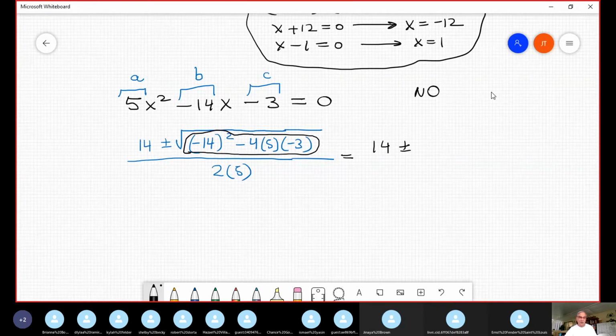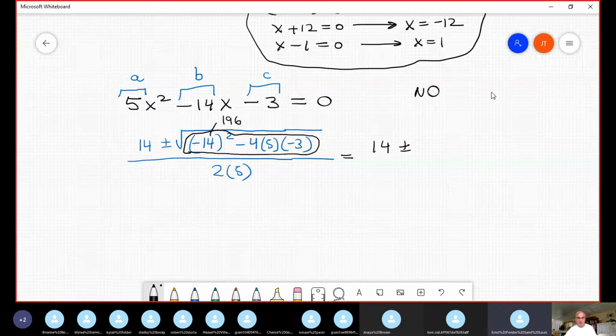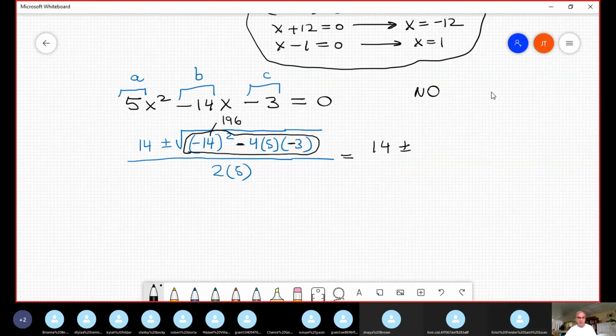Okay, negative 14 squared is 196 exactly. Now plus or minus? Be careful. Plus, because it was squared. Minus becomes positive.